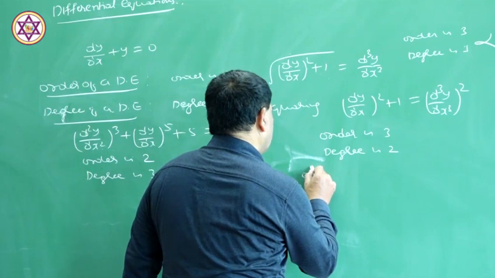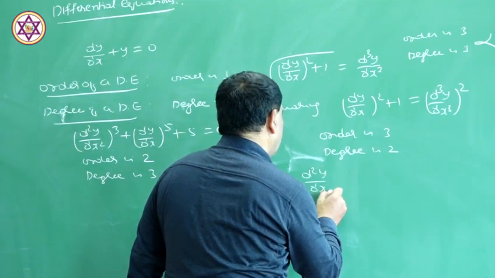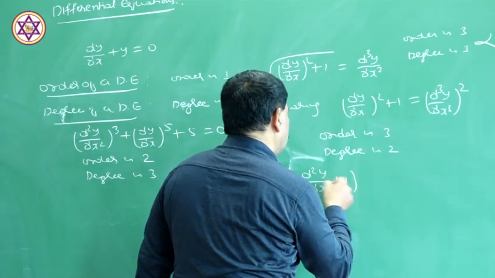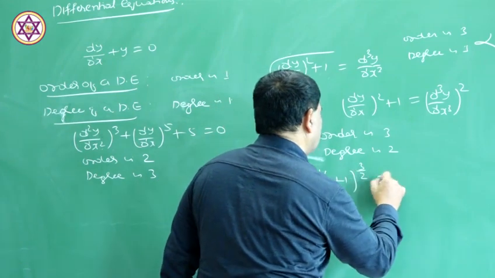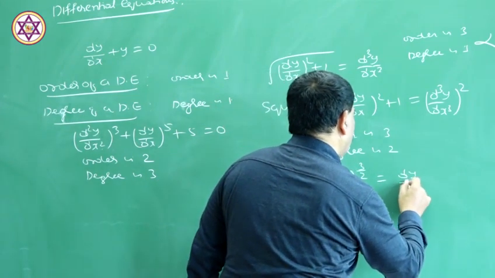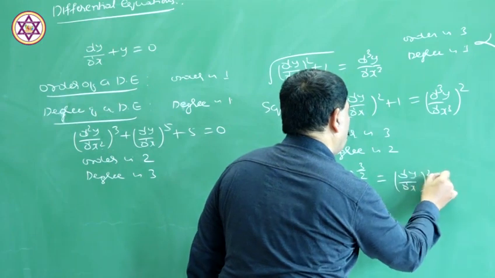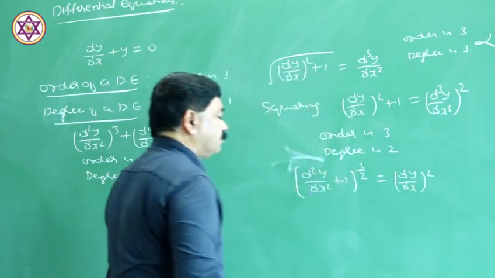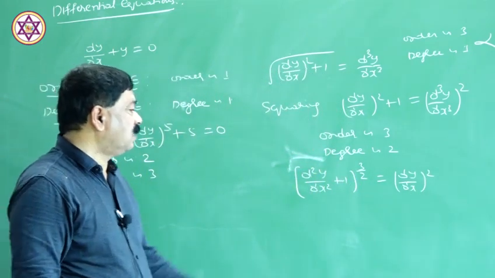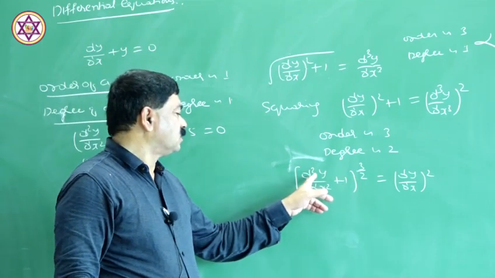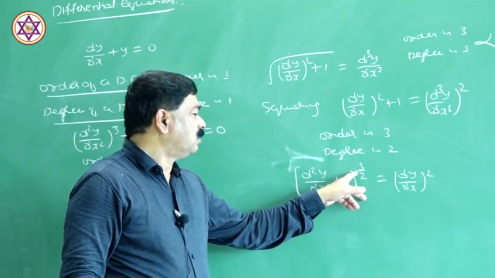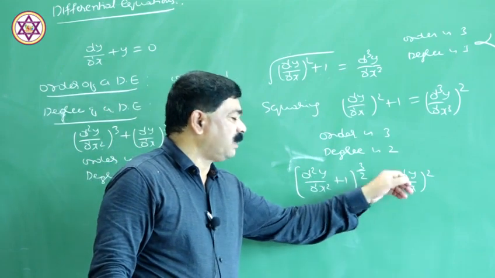Here I am taking d squared y by dx squared plus 1, this whole to the power of 3 by 2, is equal to dy by dx whole square. But here there is a fractional power, d squared y by dx squared plus 1 whole power 3 by 2 is equal to dy by dx whole square.